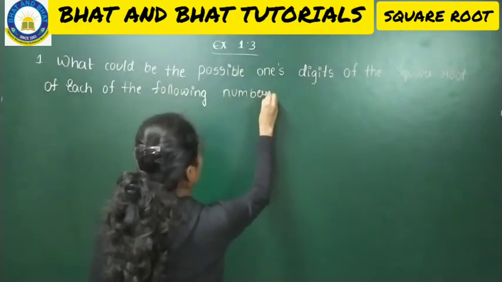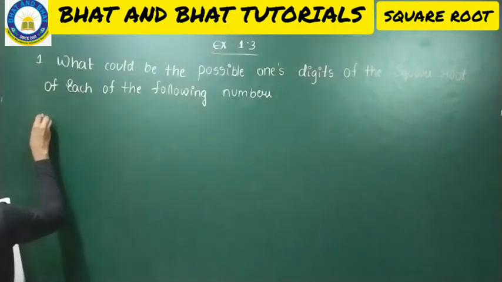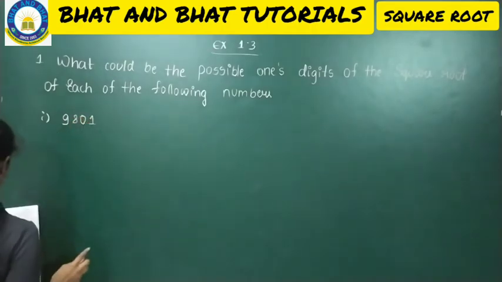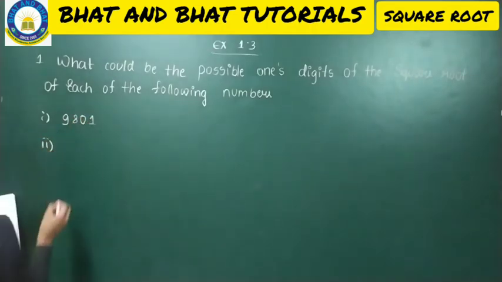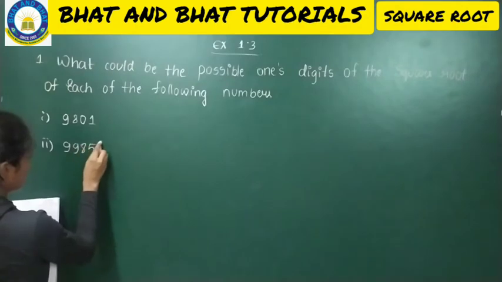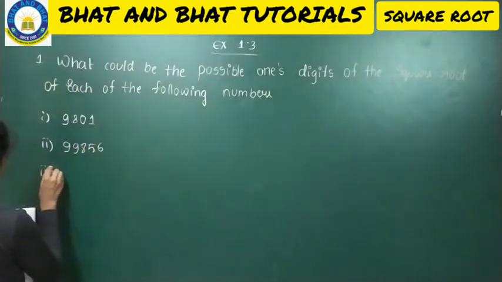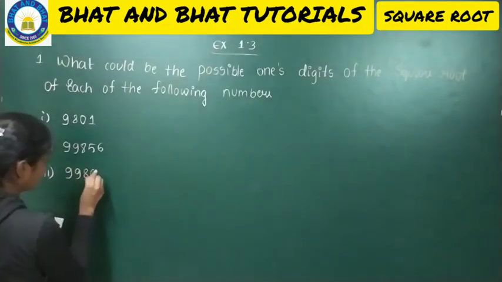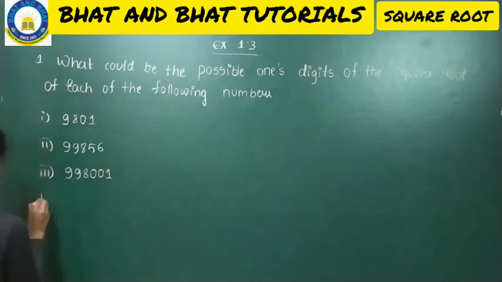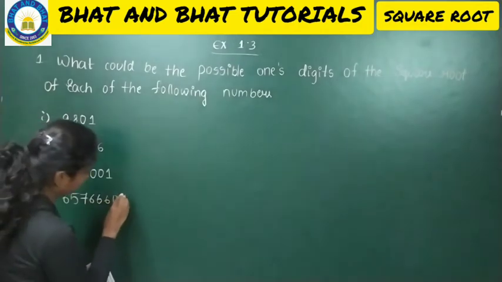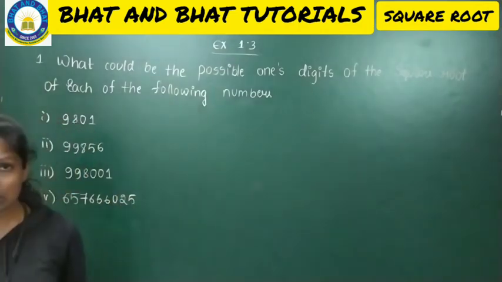Here you have 4 sub-questions. The first is 9801, the second is 99,856, the third is 998,001, and the fourth is 657,666,025.